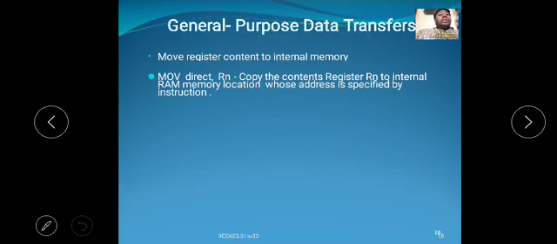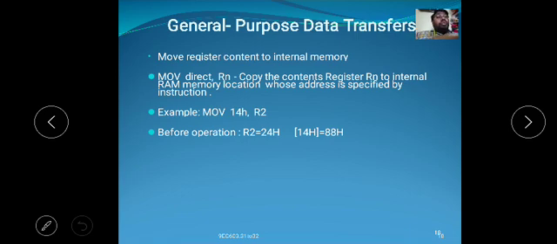Move the register content to internal memory: MOV direct, Rn. Copy the contents of register Rn to the internal RAM memory location whose address is specified by the instruction.